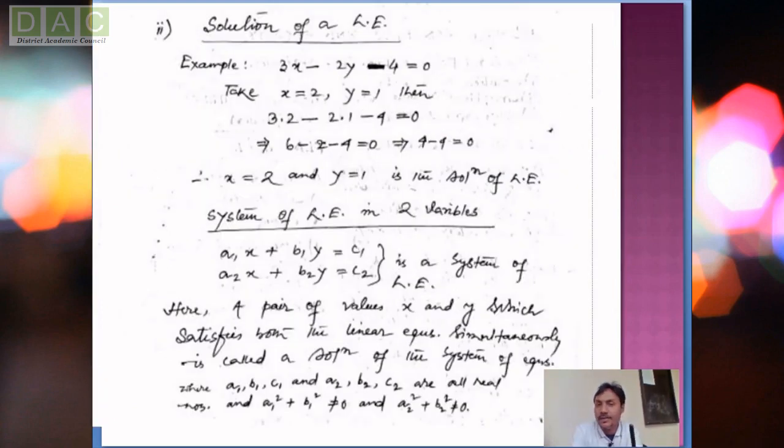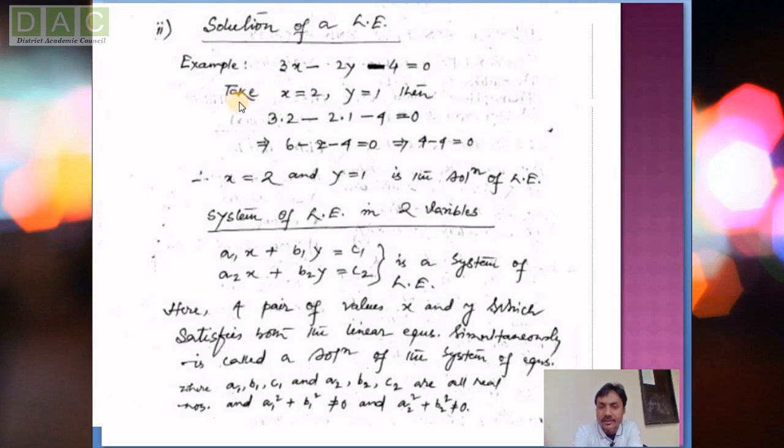Second topic, now you see the solution of a linear equation. What is the solution of a linear equation? We just consider a linear equation in two variables, 3x minus 2y minus 4 equals 0.